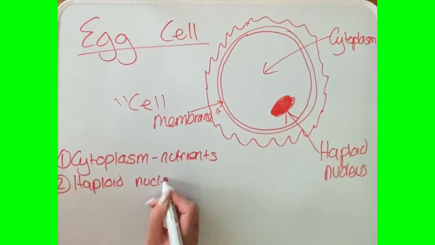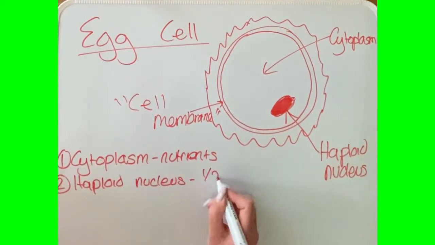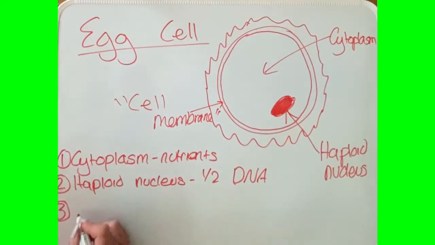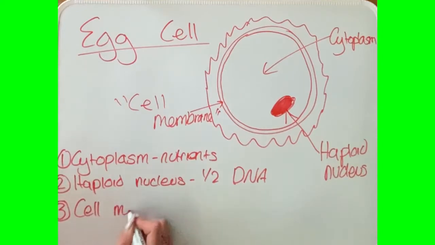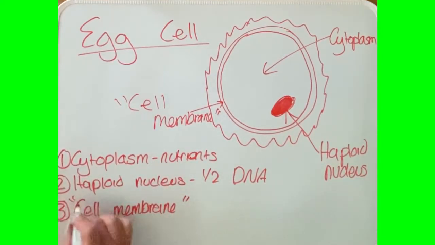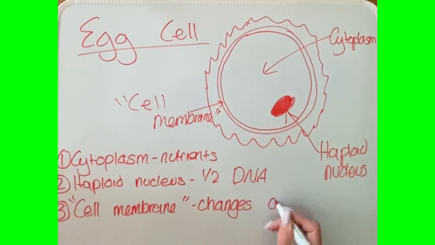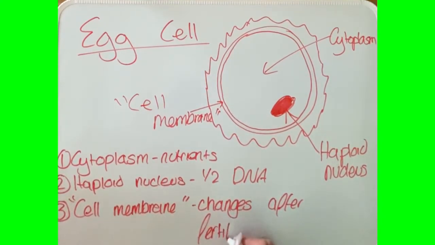It contains 23 chromosomes. The reason the egg cell and the sperm cell both have haploid nuclei is because once they fuse together during fertilisation, it creates something called a diploid nucleus, which means the nucleus contains 46 chromosomes. And lastly, the egg cell has this kind of cell membrane which changes after fertilisation.